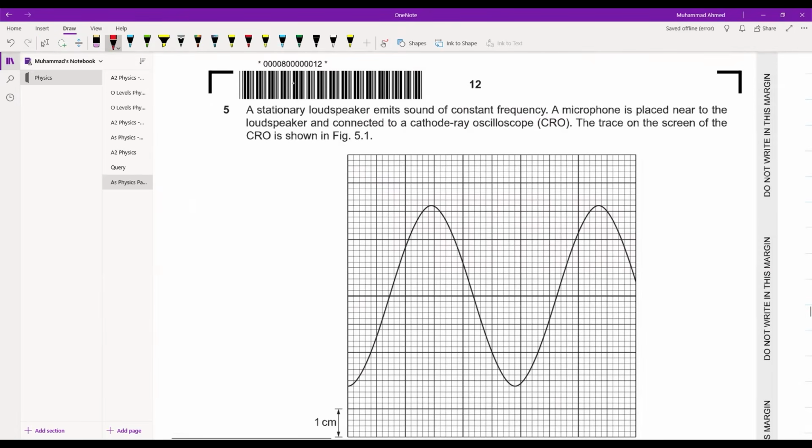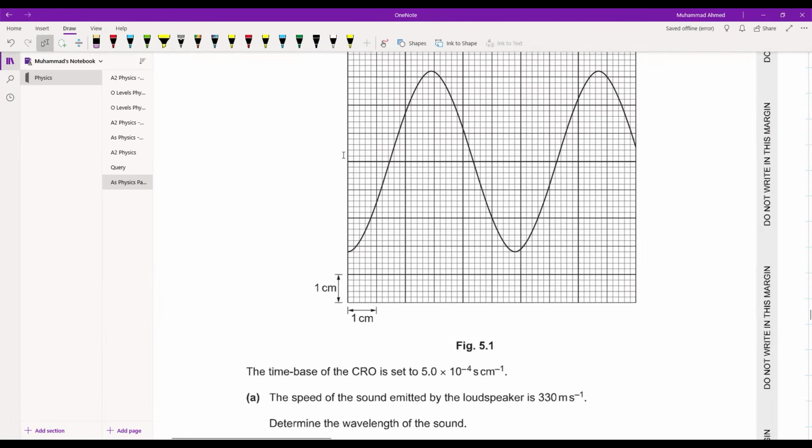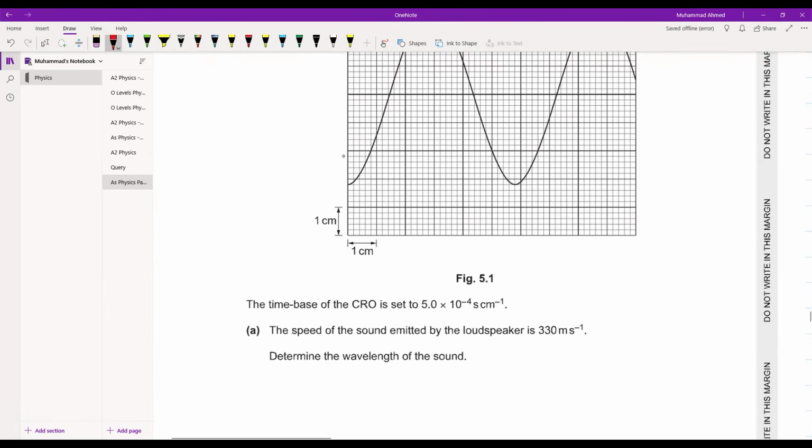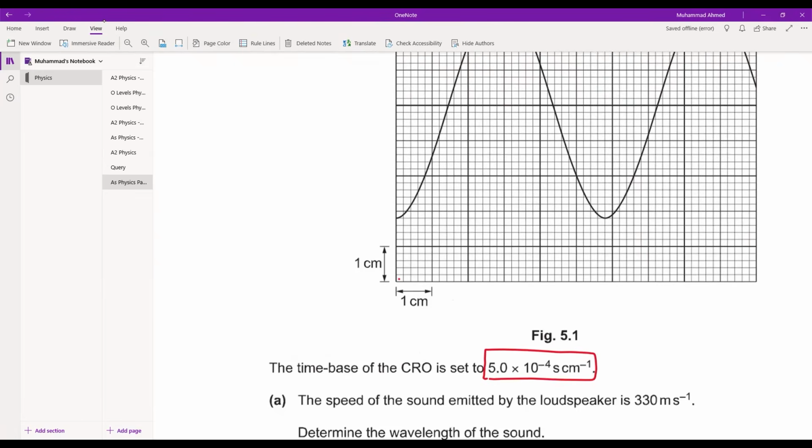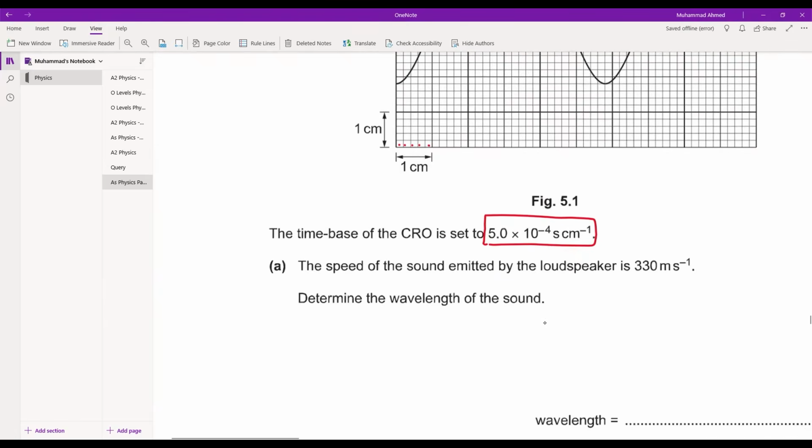A stationary loudspeaker emits sound of constant frequency. A microphone is placed near the loudspeaker and connected to a cathode ray oscilloscope, CRO. The trace on the screen of the CRO is shown in figure 5. The time-base setting of the CRO is given, which means 1 centimeter on the x-axis represents a certain time. How many boxes on the x-axis make 1 centimeter? 1, 2, 3, 4, 5. 5 boxes equal 1 centimeter, and 1 centimeter represents that time.